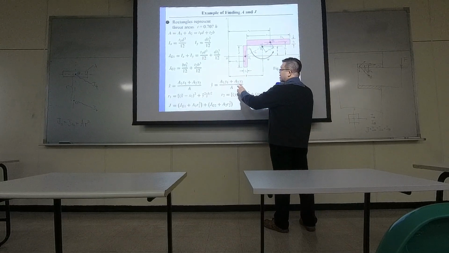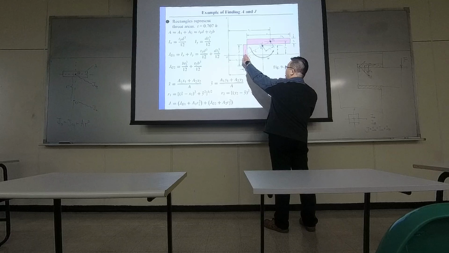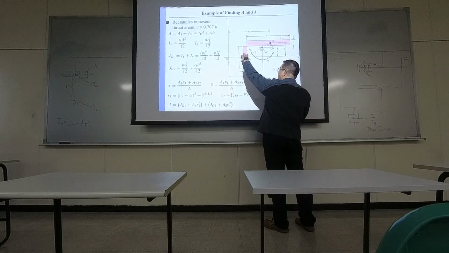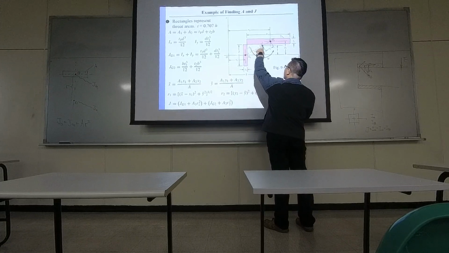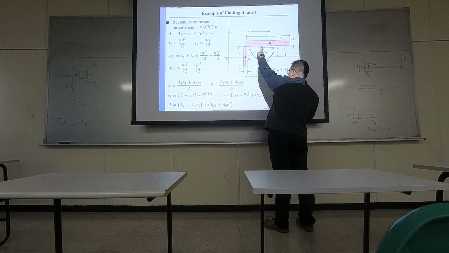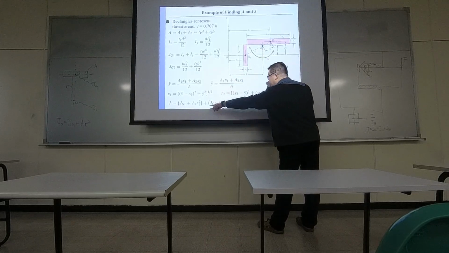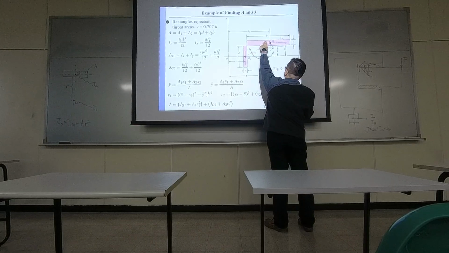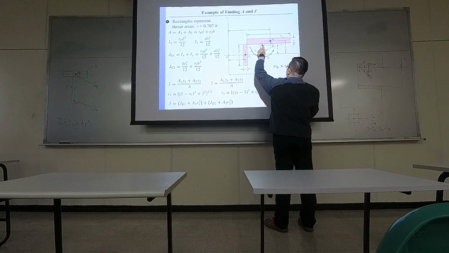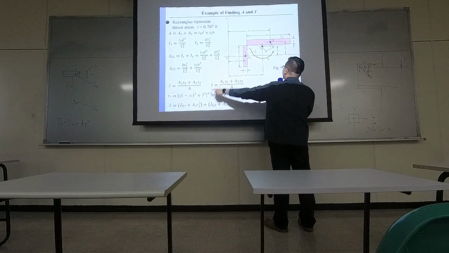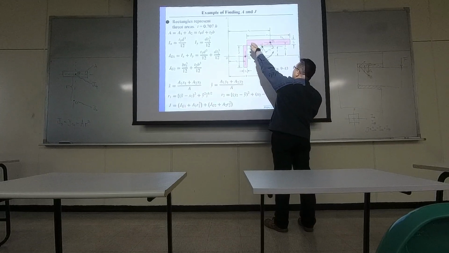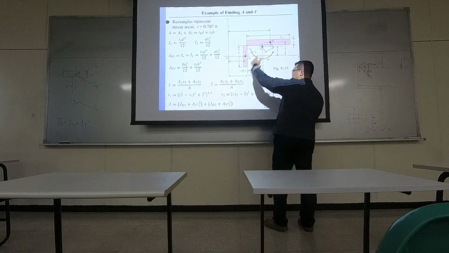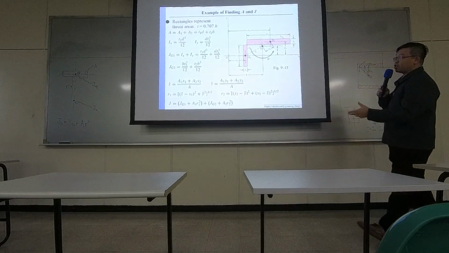But that's only the J for this left-hand side geometry on the G point. You also need to add the polar area moment of inertia of the top geometry on the G point. That's why you have the second part, JG2 plus area 2 times the radius 2 squared. Okay? So that's how you compute J.